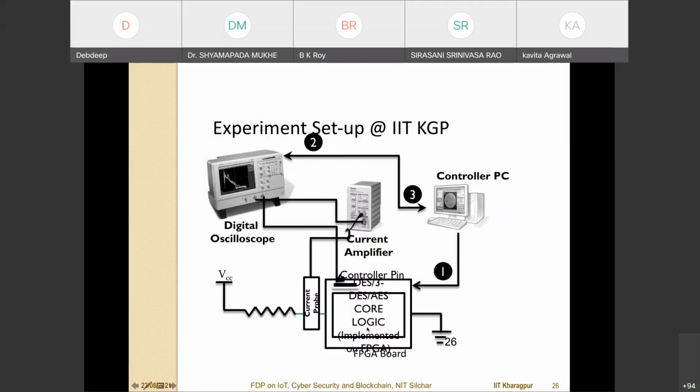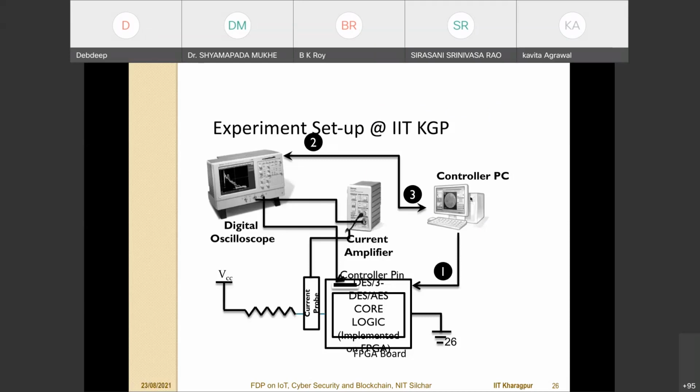This is a device on which you are running a crypto algorithm. It could be an FPGA device, a microcontroller, or any other target where a crypto algorithm is executing. It could be DES, 3DES, RSA, elliptic curve, anything. When the device is communicating, there is a PC sending input packets, the device is encrypting, and the cipher is brought back to the controller PC.